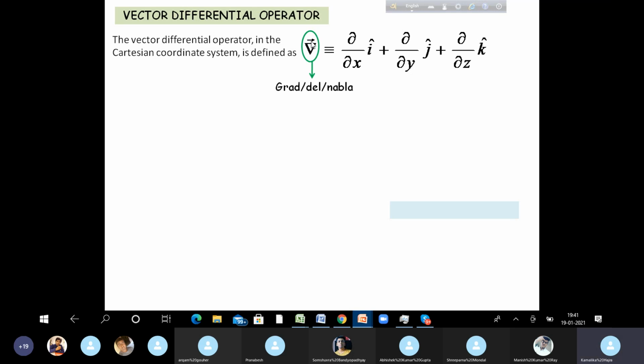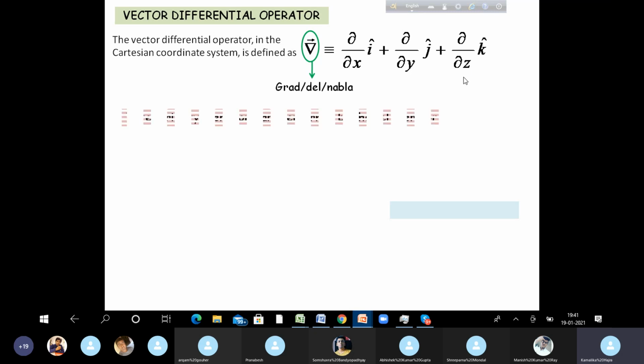If you don't give the vector sign, then it is just an ordinary capital Greek letter nabla. The moment you give the vector sign on it, it will mean the vector differential operator, grad operator or del operator, which is represented in this fashion.